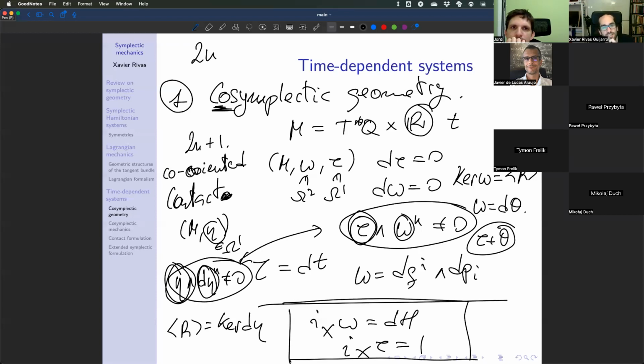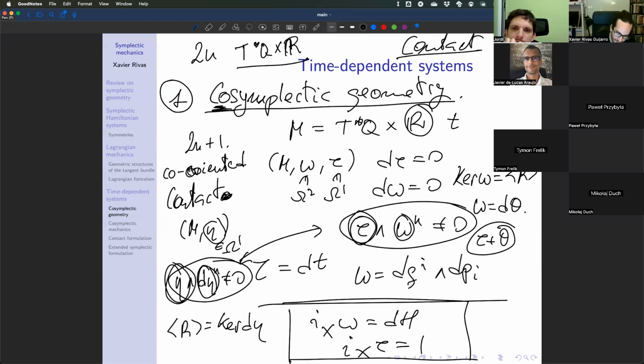Well, there's a thing here, Javi, because as I said, you can use contact geometry to describe time-dependent systems, and actually you can find a suitable contact structure in here, which is not the canonical one, whose Hamiltonian vector field coincides with the Hamiltonian vector field in the cosymplectic case, so that you get the time-dependent dynamics.